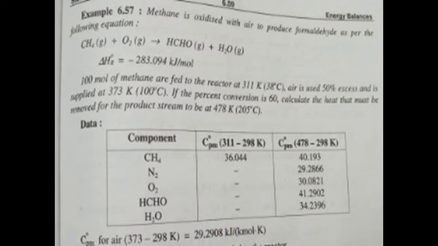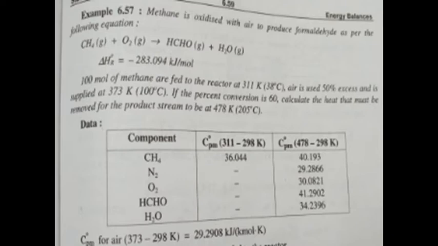Methane and oxygen. But at 311 Kelvin, only methane enters the reactor. So we have the methane value 36.044, and the temperature range is 311 to 298 Kelvin. 311 is the methane entering temperature, and 298 is the reference temperature, that is T0, the standard temperature.